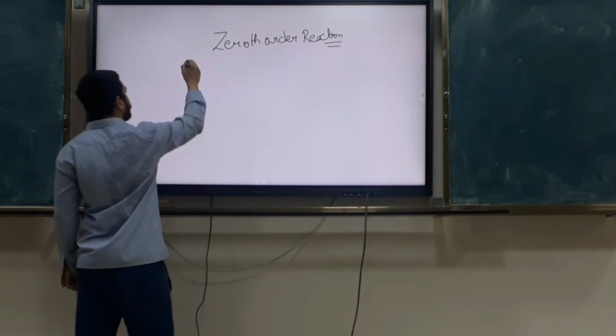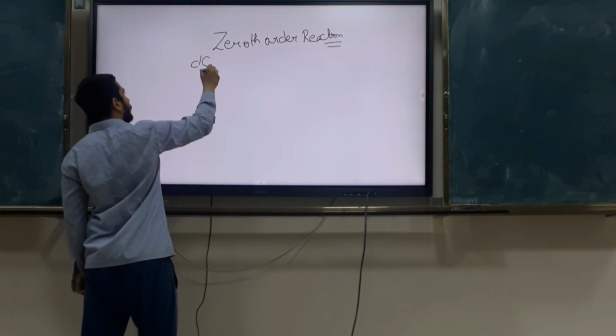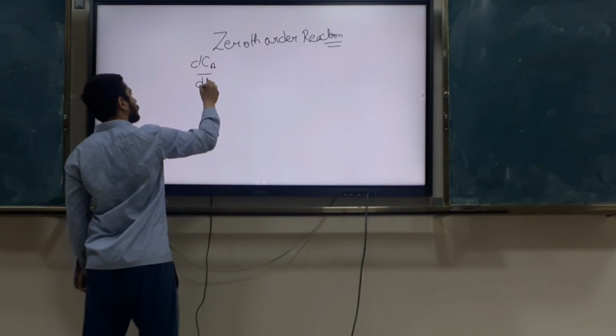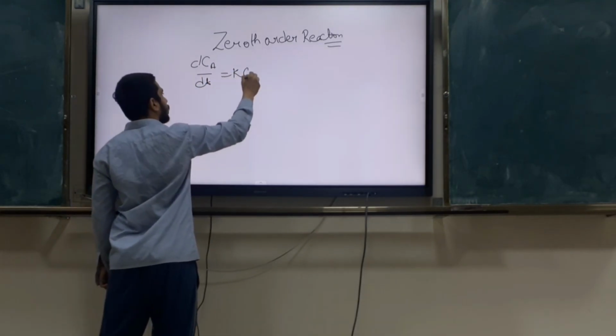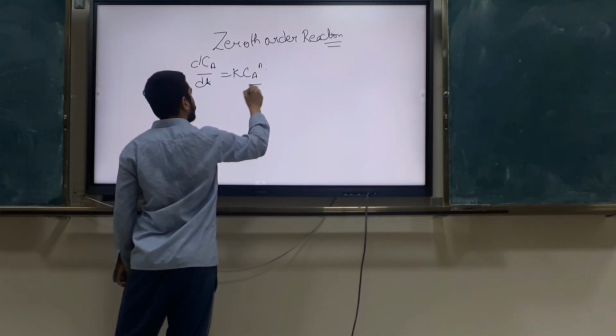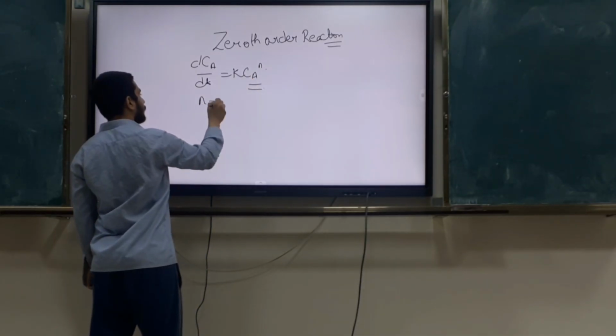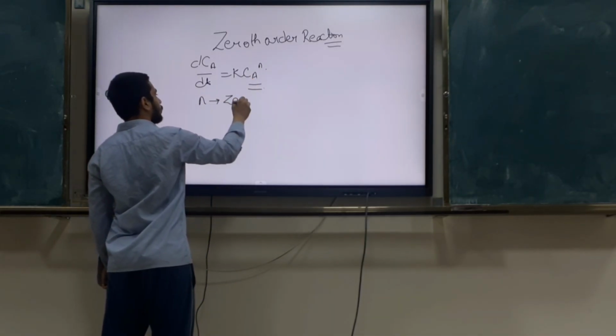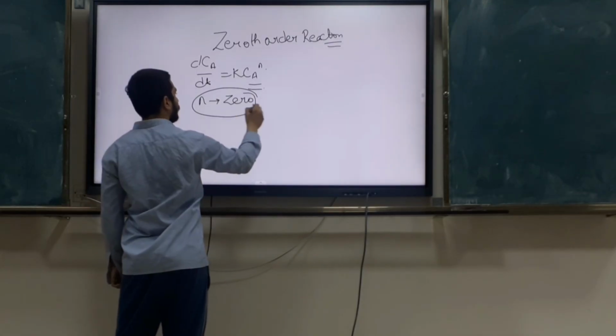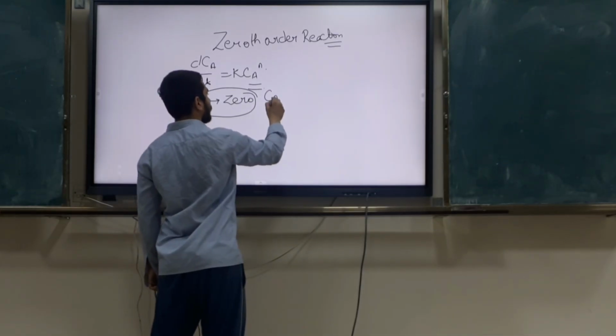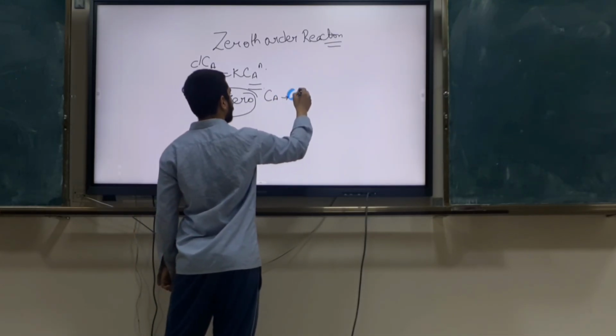So we know that the equation is dCA by dt is equal to K Ca to the power of n. For the zeroth order reaction n is 0. And what was Ca? Ca was concentration with respect to time.